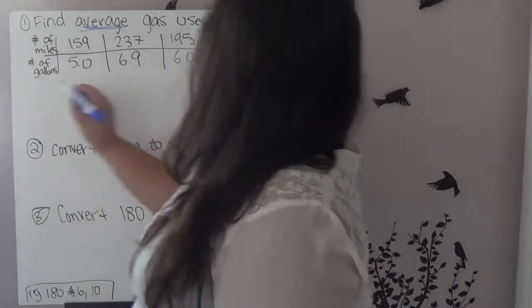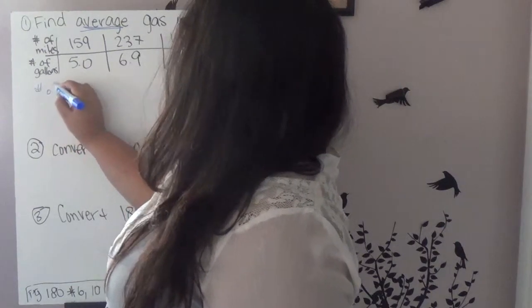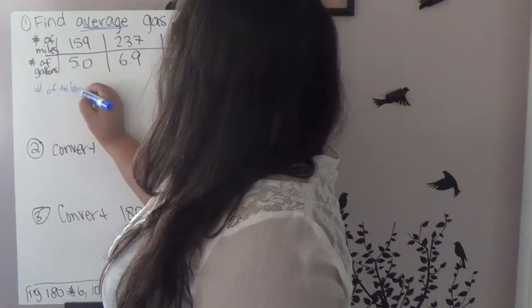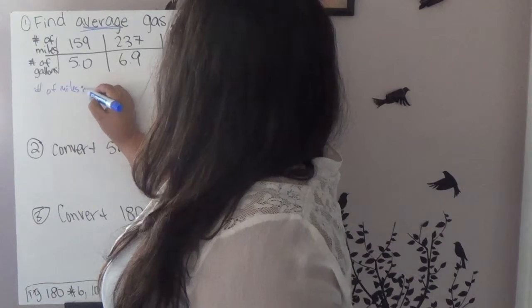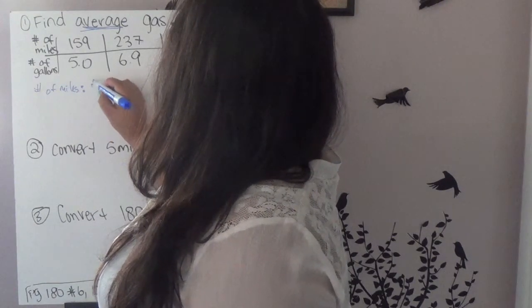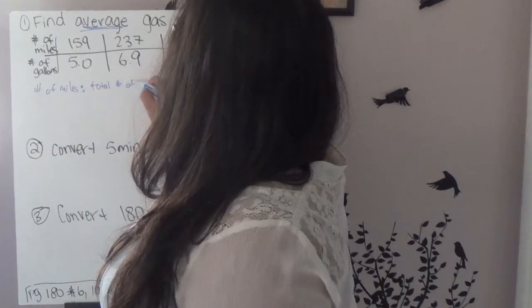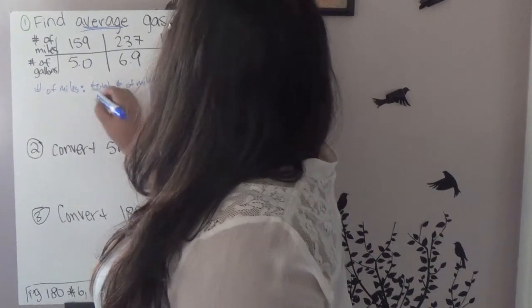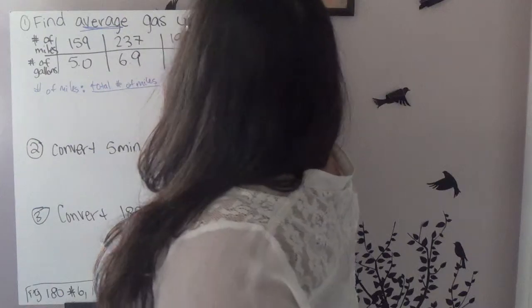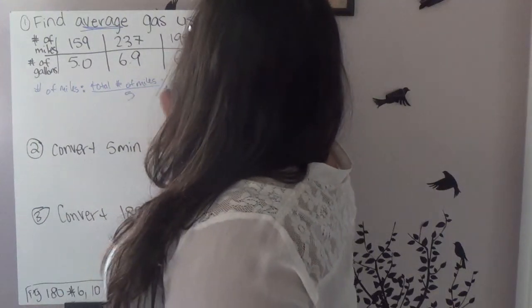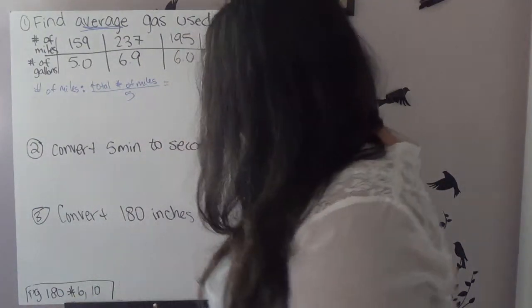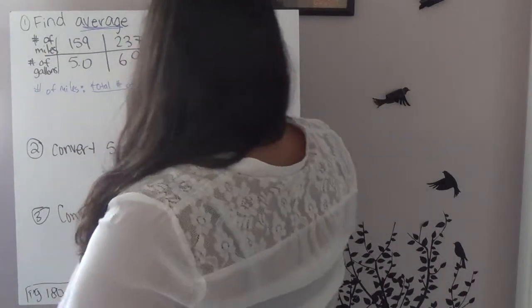So let's try the average number of miles. I'm going to add the total number of miles, and divide by 1, 2, 3, 4, 5.